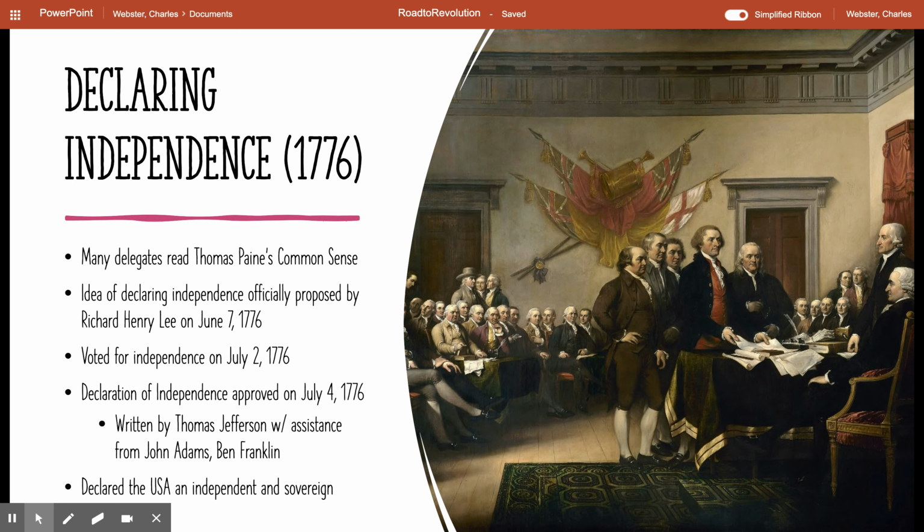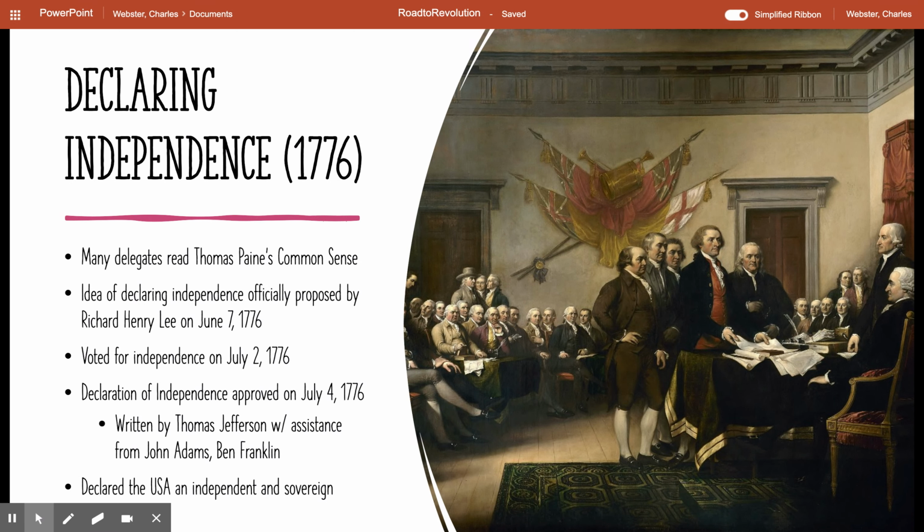But this is what it would have looked like in our imagination. So here's Thomas Jefferson, right? He's the main figure here. He's got a red shirt. And John Adams, Ben Franklin, and a couple others who helped with this. And all the members of the Congress are in the background, you can tell, with John Hancock as well. He's sitting there.